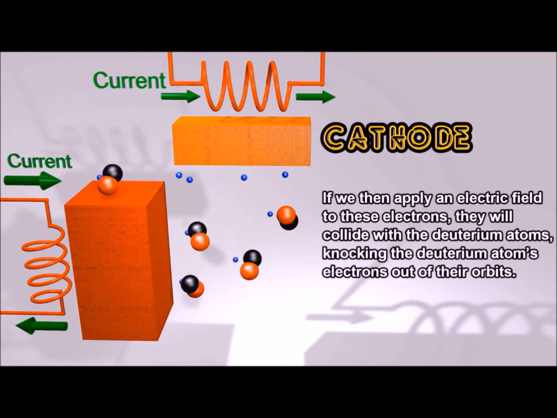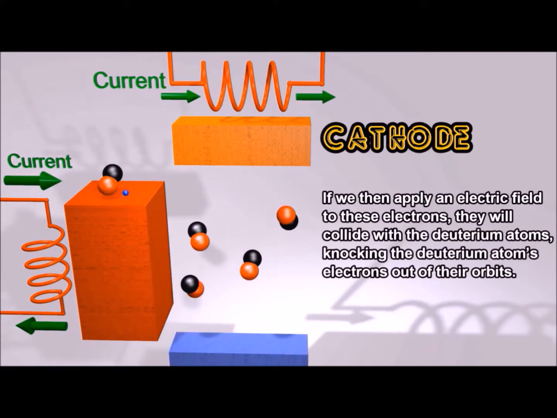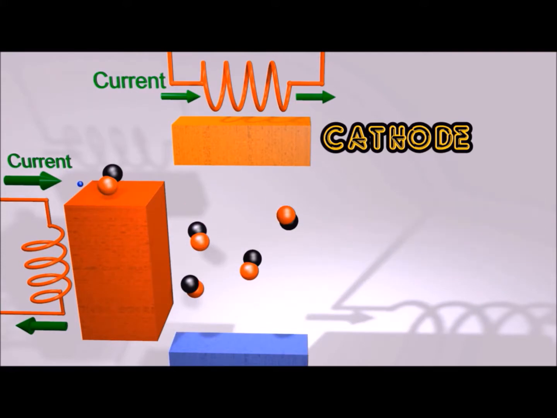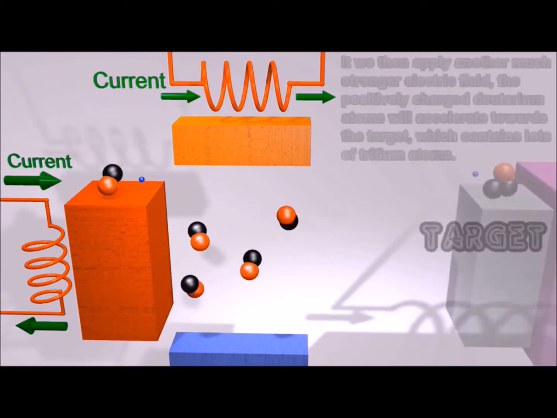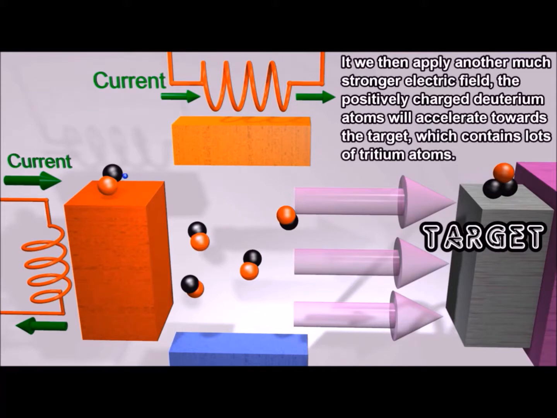If we then apply an electric field to these electrons, they will collide with the deuterium atoms, knocking the deuterium atoms' electrons out of their orbits. If we then apply another much stronger electric field, the positively charged deuterium atoms will accelerate towards the target, which contains lots of tritium atoms.